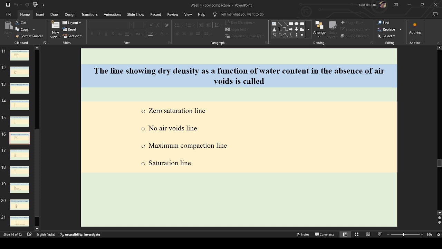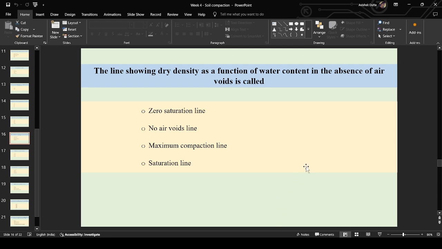The line showing dry density as a function of water content in the absence of air voids is called.